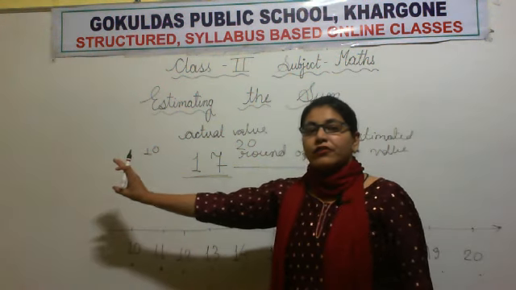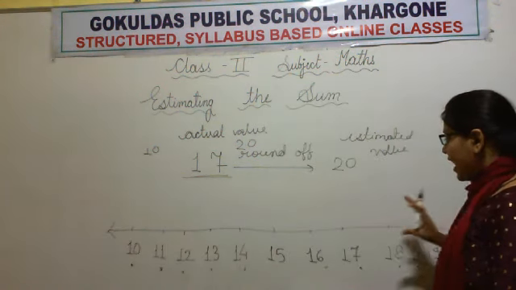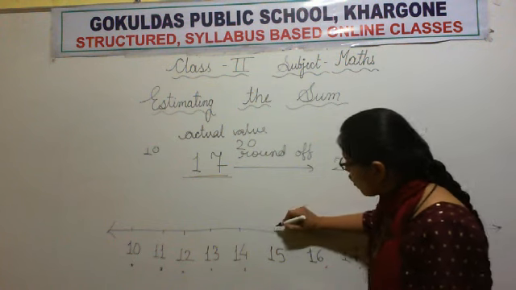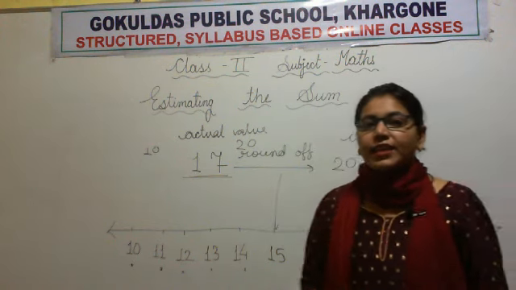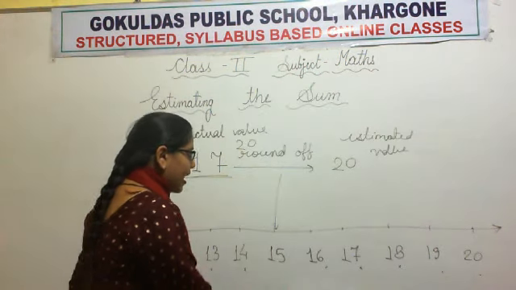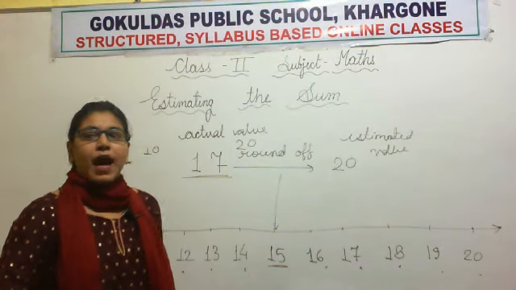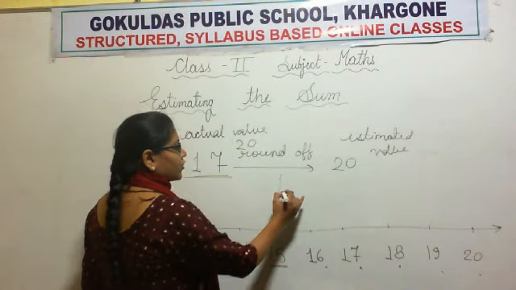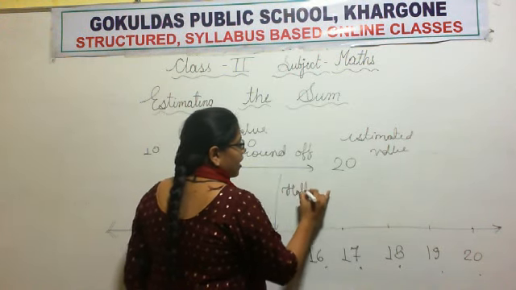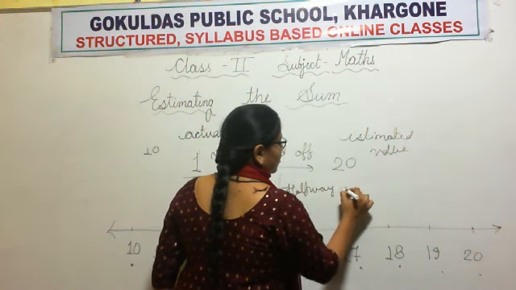We left 5 numbers to the left and 5 numbers to the right. So this is our halfway mark, or the trick we have learned that whenever we see the number 5, that is our halfway mark.